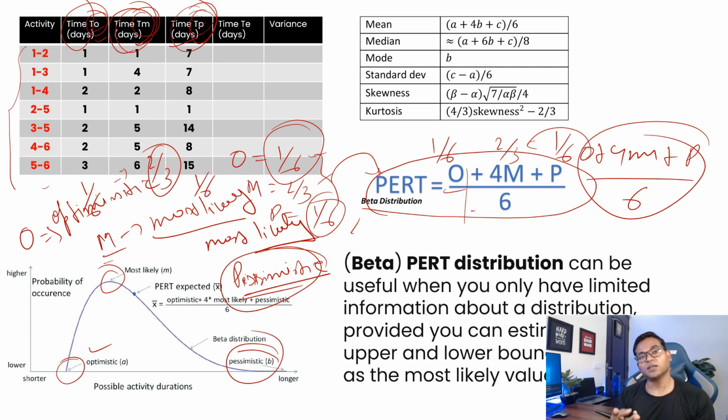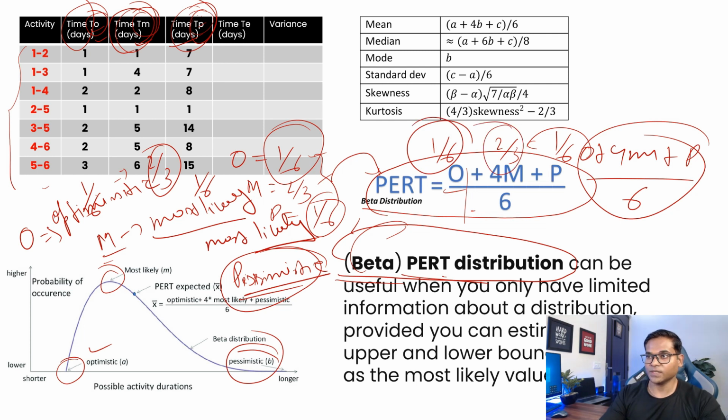So with these three pieces of information about a particular activity or event, you can utilize the beta distribution method to estimate the most probable duration for that activity. That is the purpose of the beta distribution. That's why it is sometimes mentioned as beta Pert distribution, because it assigns the weightage 1/6, 2/3, and 1/6 to optimistic, most likely, and pessimistic.